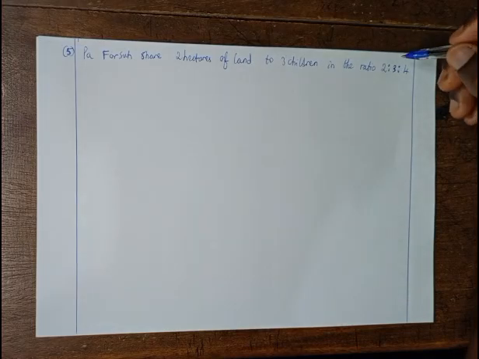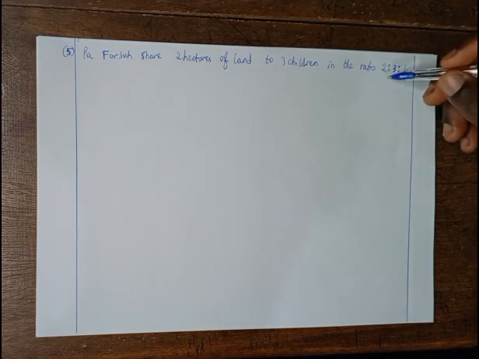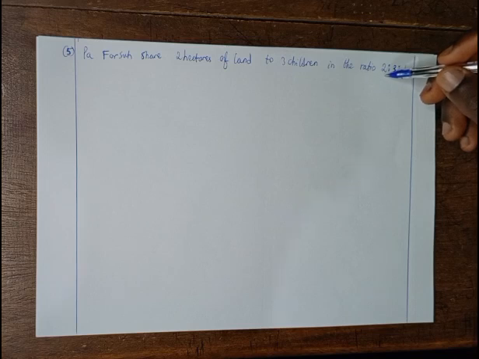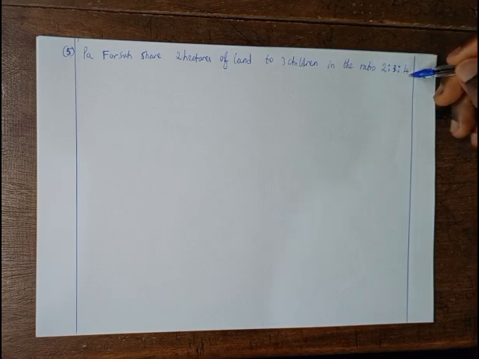Okay, this ratio simply means out of the 2 hectares of land, the first child Wanka will receive 2 parts, the second child Foche will receive 3 parts, and the third child Akko will receive 4 parts. That's what it means. So we have to find the quantity of land each child receives in meters squared.